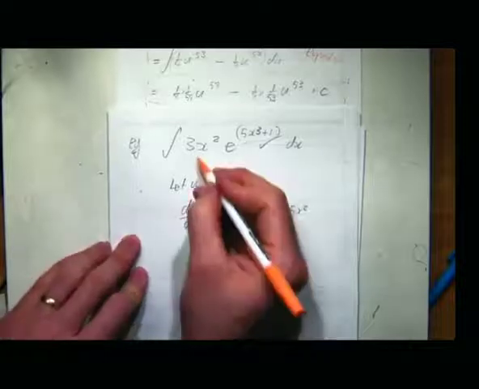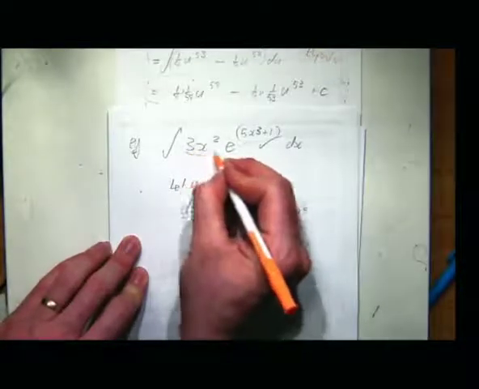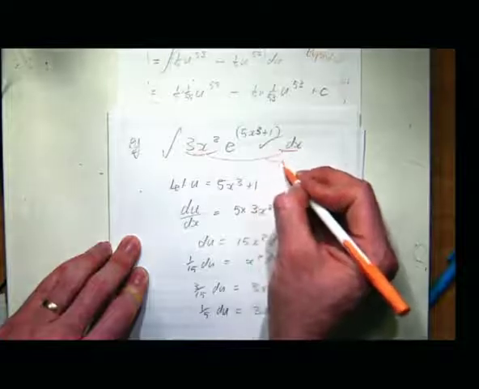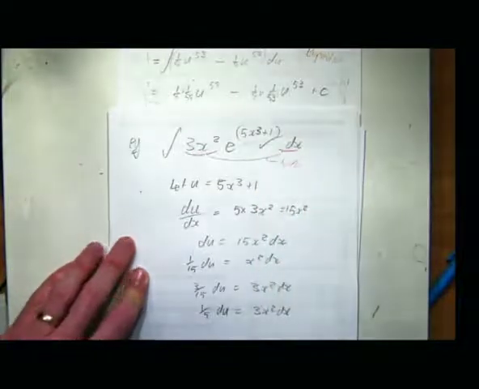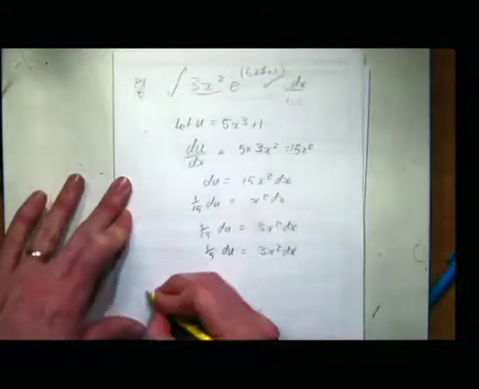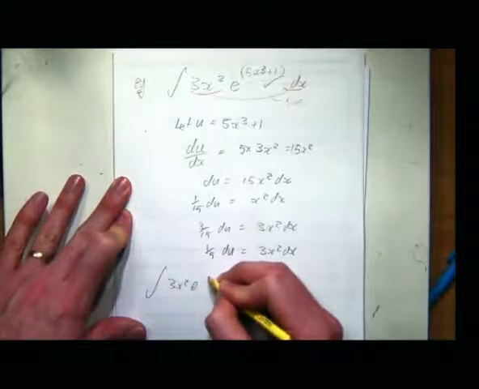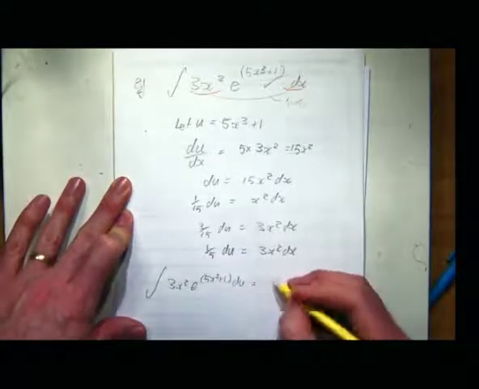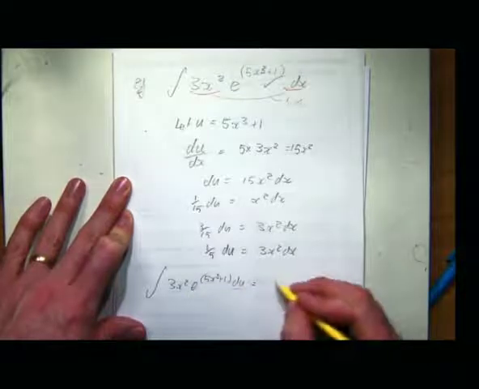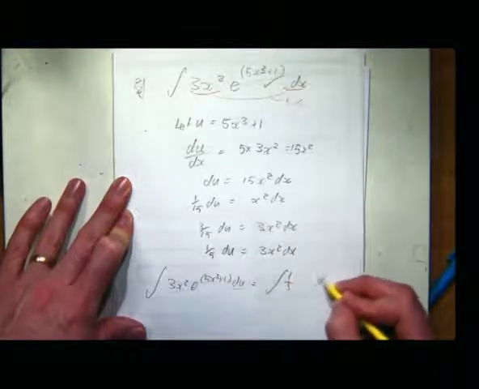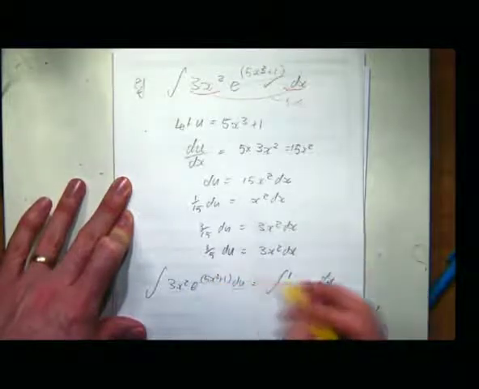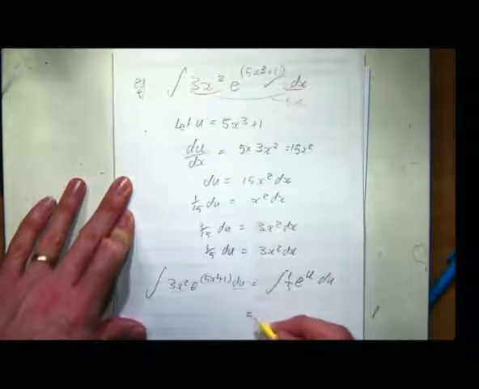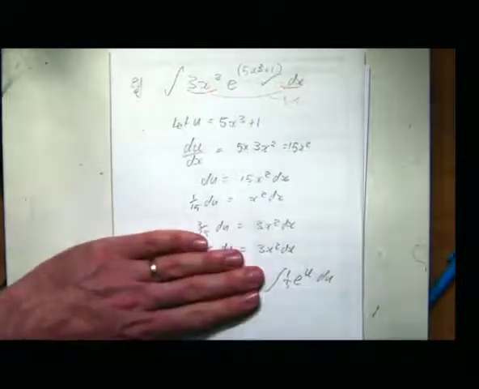So these two bits here, that bit together with that bit becomes 1/5 of du. And so I can do it. I've got 3x squared e to the 5x cubed plus 1 du, those two together is 1/5 of du, and the e is still e, and the 5x cubed plus 1 is u. And now I'll ignore everything else and just integrate that as I always would.